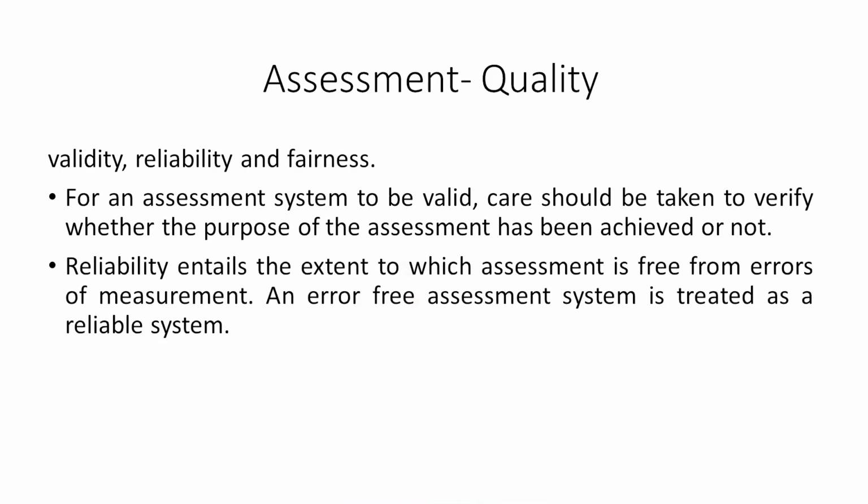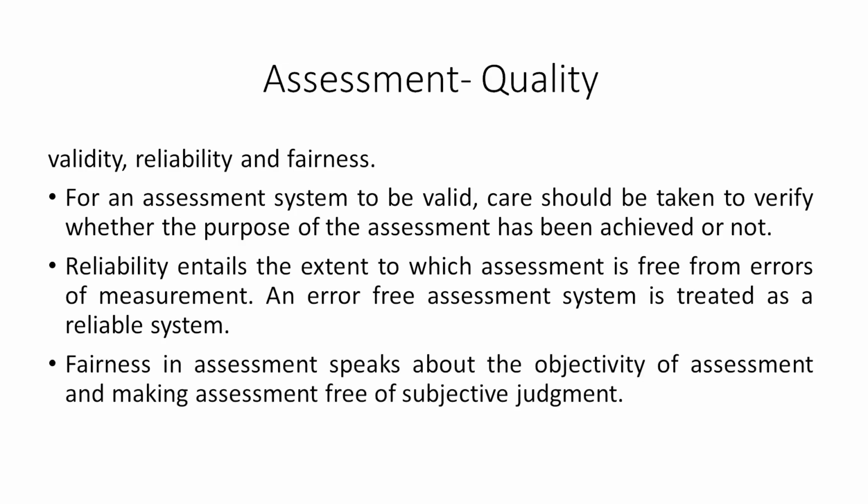Then comes reliability. Reliability entails the extent to which assessment is free from errors of measurement. Because in open and distance learning, thousands of students are appearing in the examination, so error-free result is very important. An error-free assessment system is treated as the reliable system. The last one is fairness.